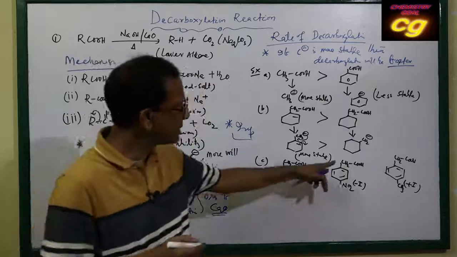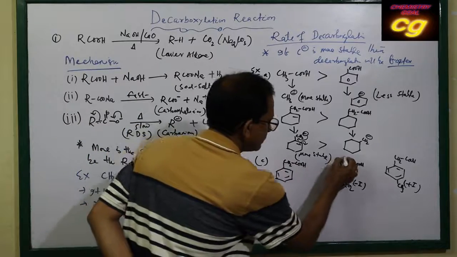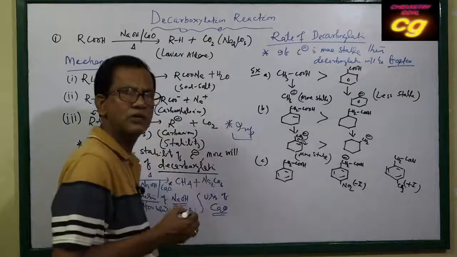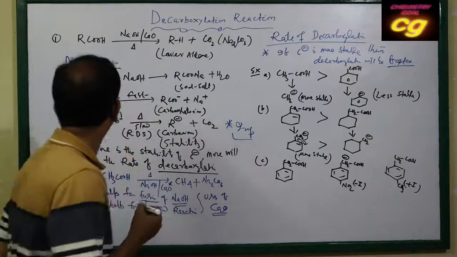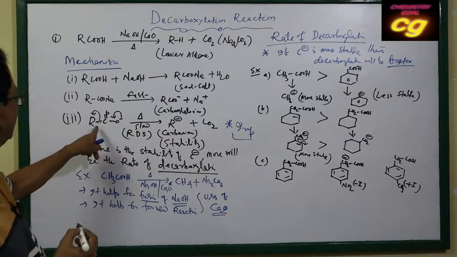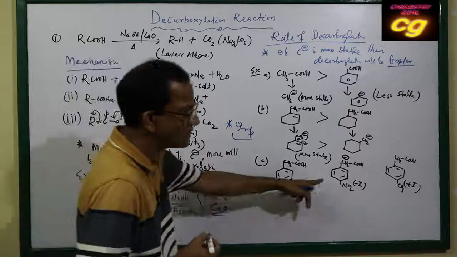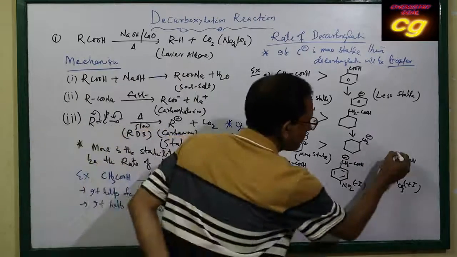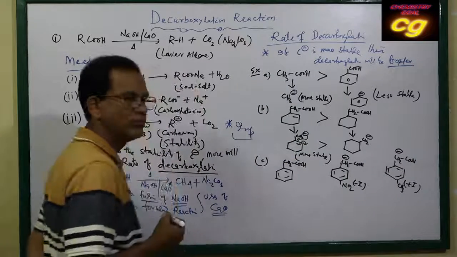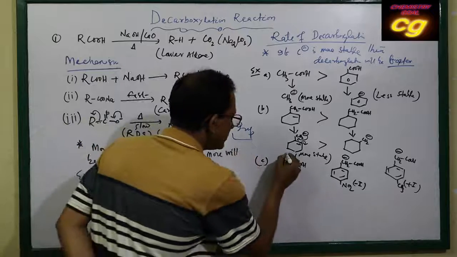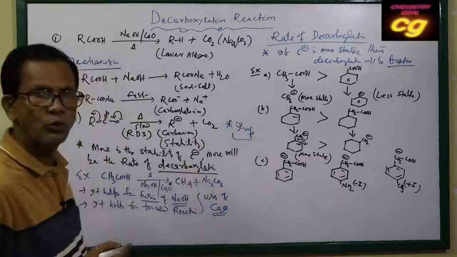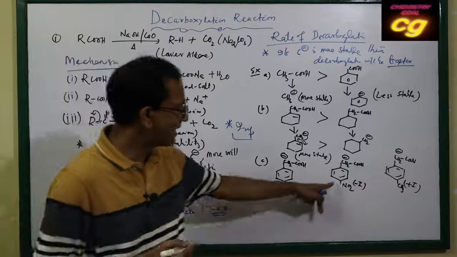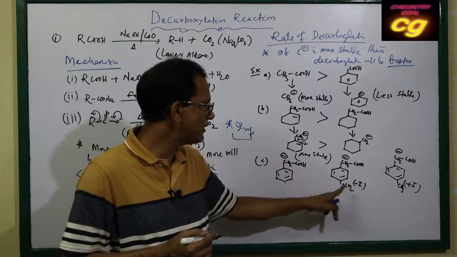So the carbanion produced at this position, in the third step, and here the carbanion produced from this compound. Which will be more stable? The nitro group, as it has a minus effect, is more stable.